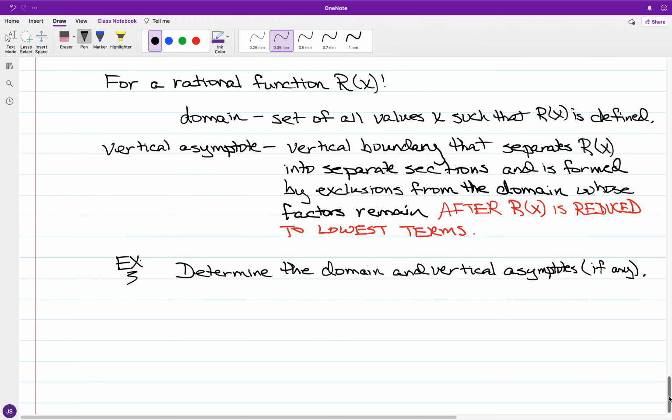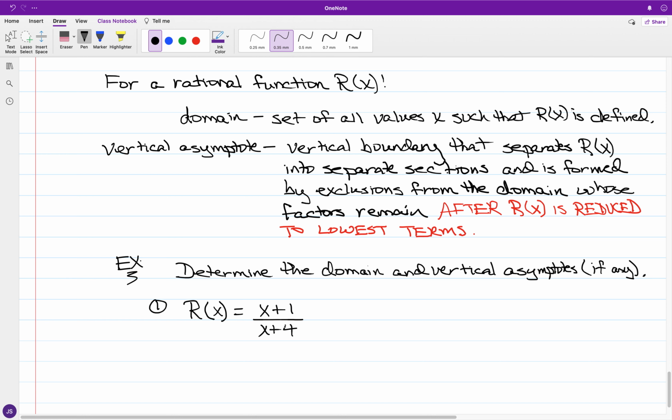And we'll say that we have as a first rational function, I'll give you one that is already in reduced form. We'll say we have r of x is equal to x plus 1 all over x plus 4.